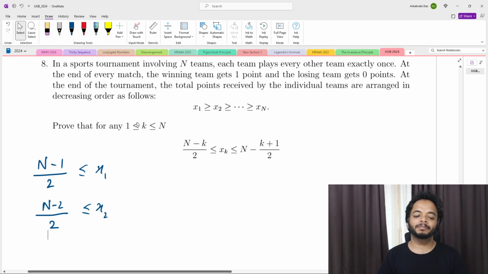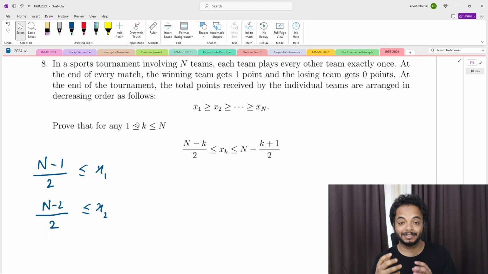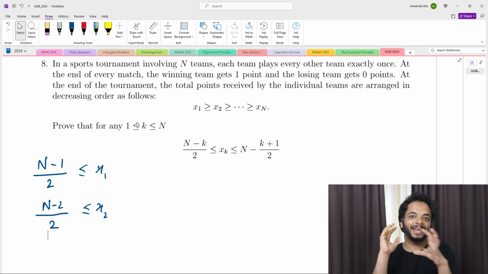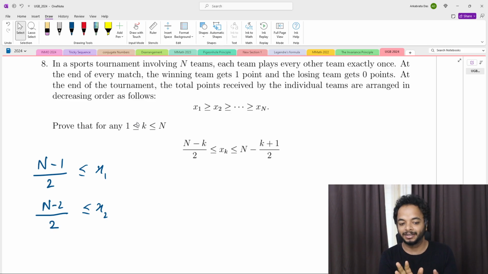Whoever has won the maximum number of games, in any scenario, in any tournament, however the matches went, the minimum possibility of the maximum number of wins is (n minus 1) by 2. It can't go below this. That's what it is saying.